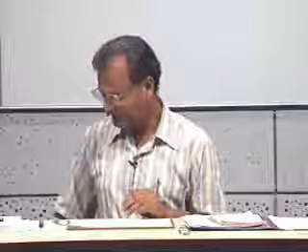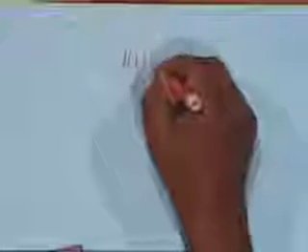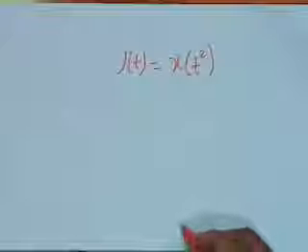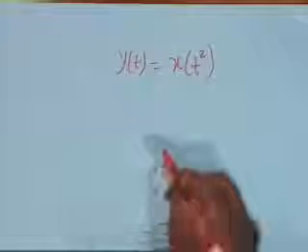To appreciate what a memory system or a memory-less system is, let's take a very simple example, slightly tricky. Let's say we have a system where y of t is x of t squared. Does it have memory? No?